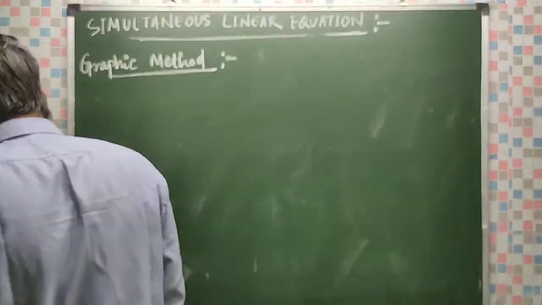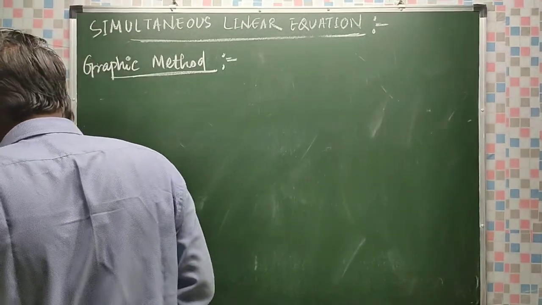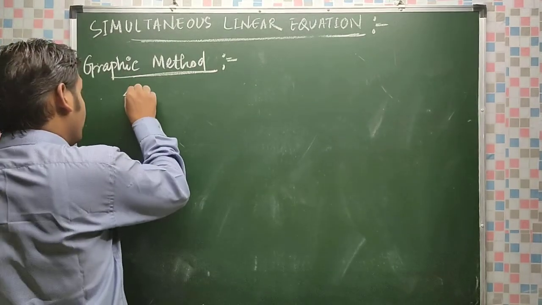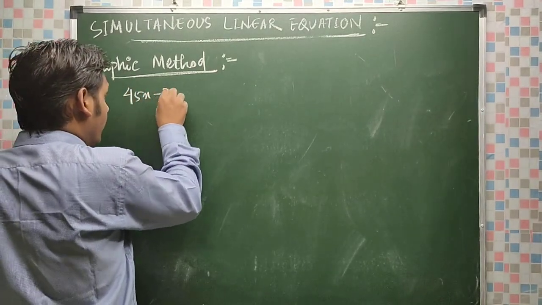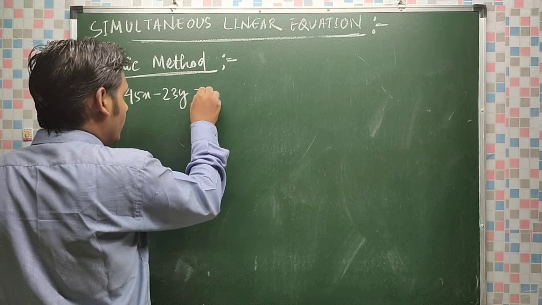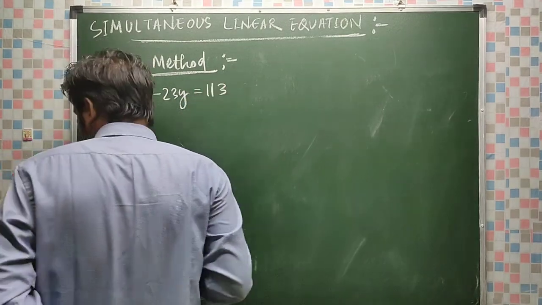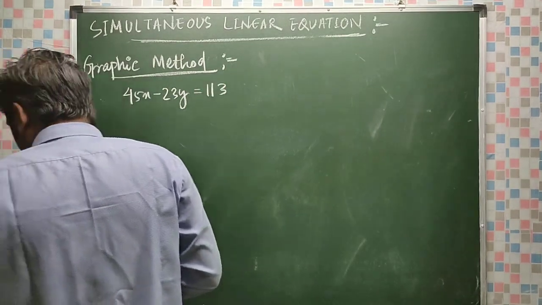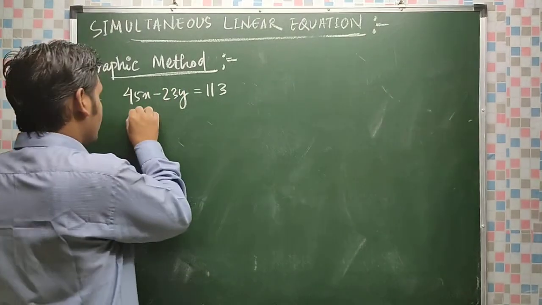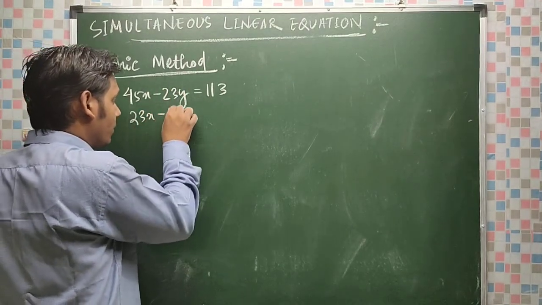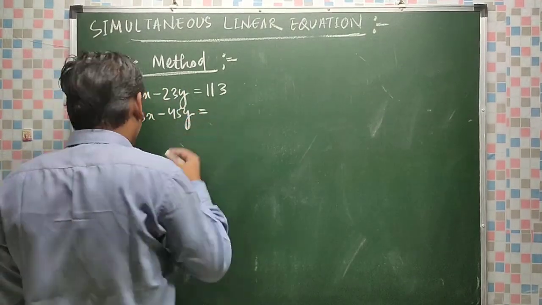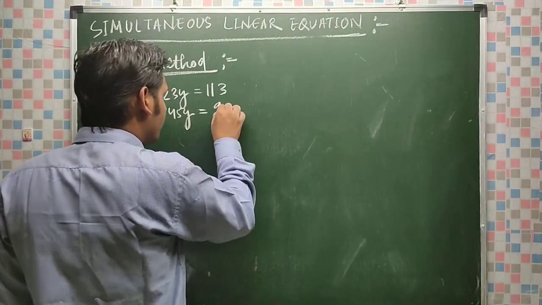45x minus 23y is equal to 113, and 23x minus 45y is equal to 91.